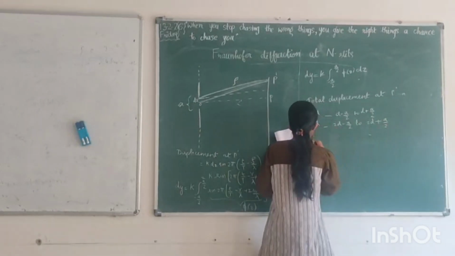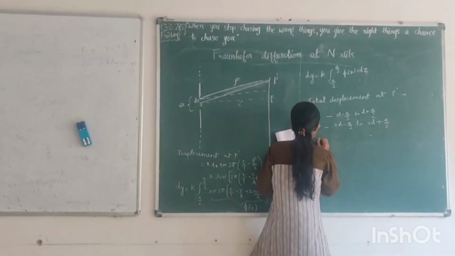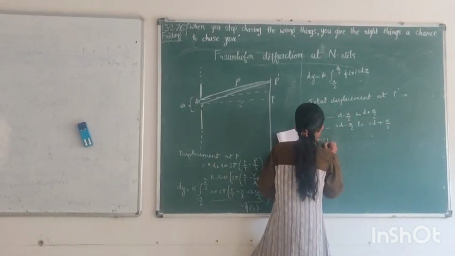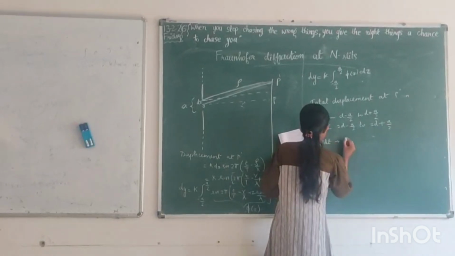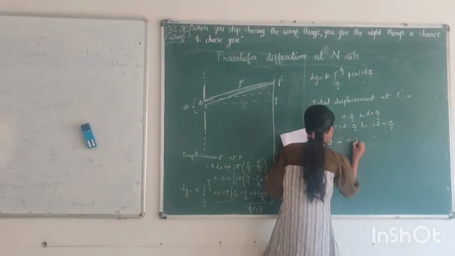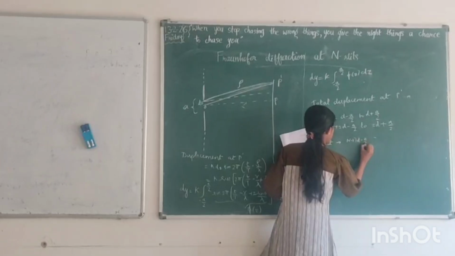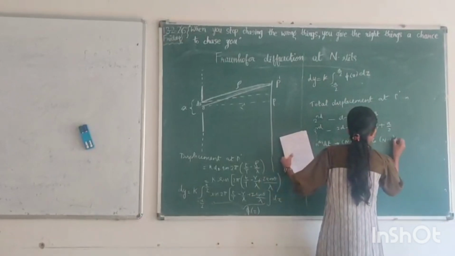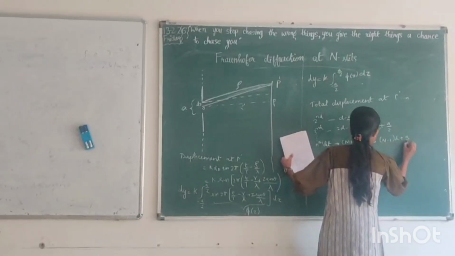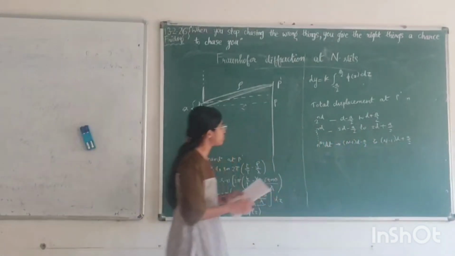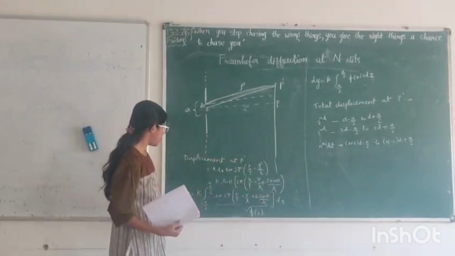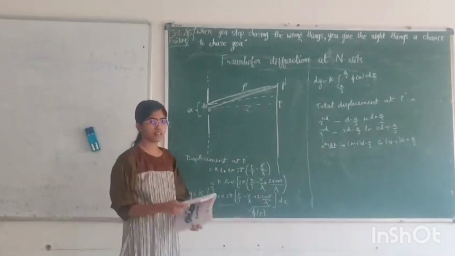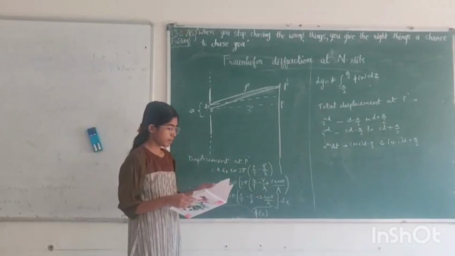And for the nth slit, the limits will be from (n minus 1)d minus a by 2 to (n minus 1)d plus a by 2. Now we have to put all these limits in this equation and find the integration separately.